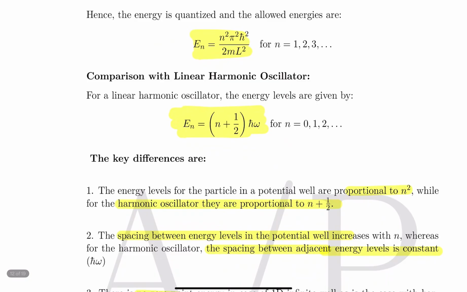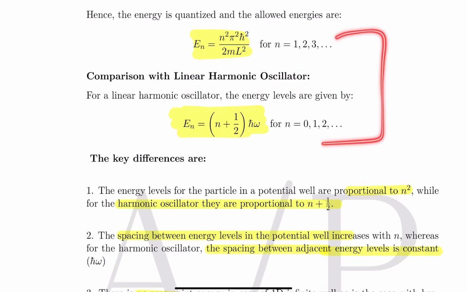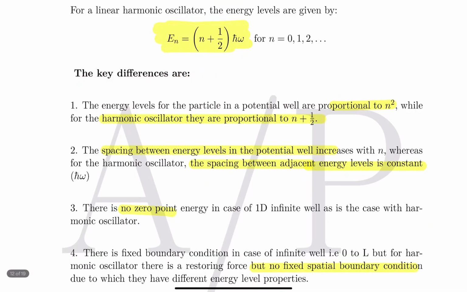Now we have the energy given for the linear harmonic oscillator, which is (n plus half) in brackets multiplied by h bar omega. So we need to compare this energy and that energy, and write the key differences. Energy levels for the particle in a potential well are proportional to n square, while for the harmonic oscillator they are proportional not to the square of n but just n plus half.